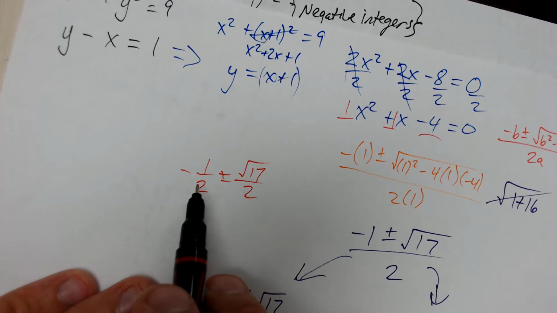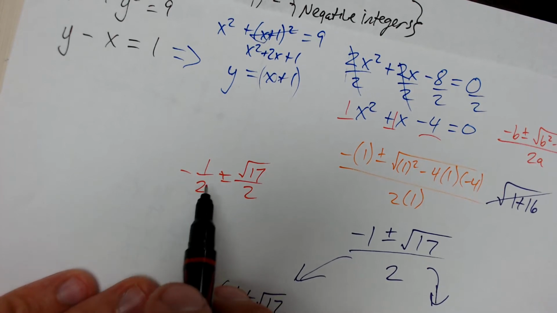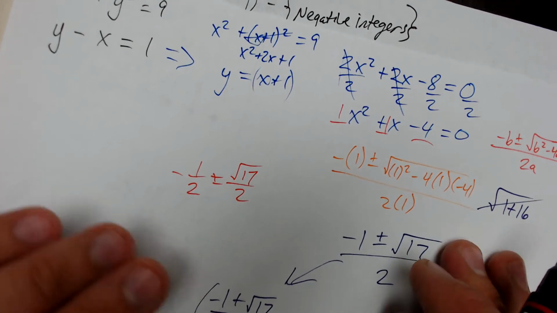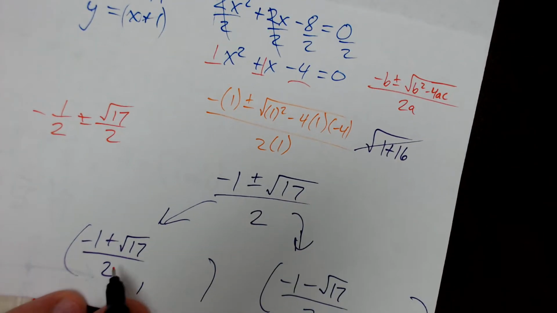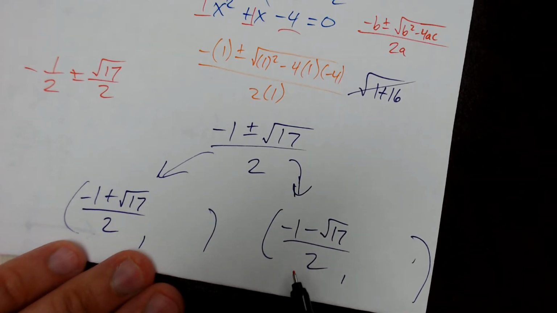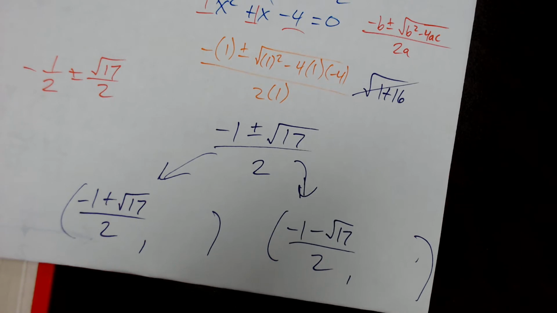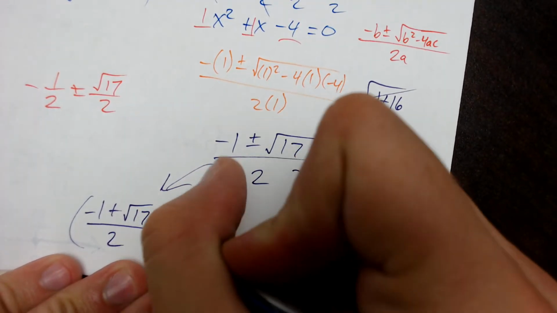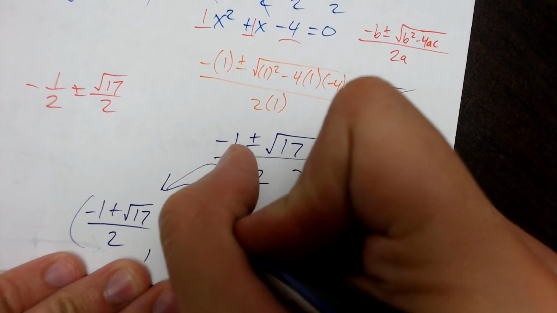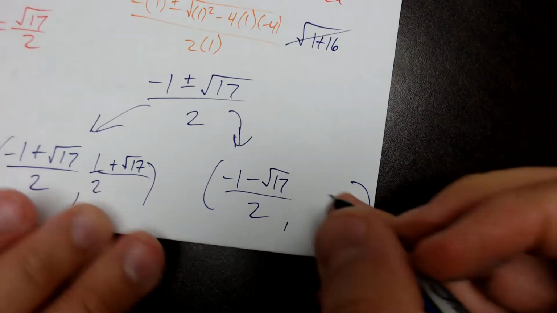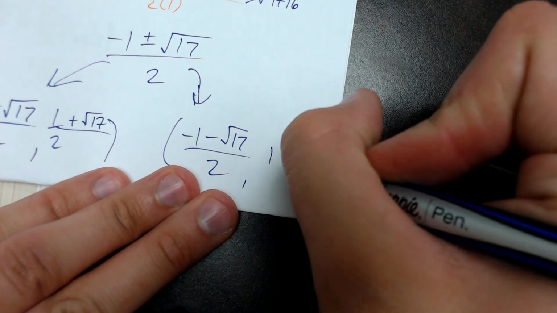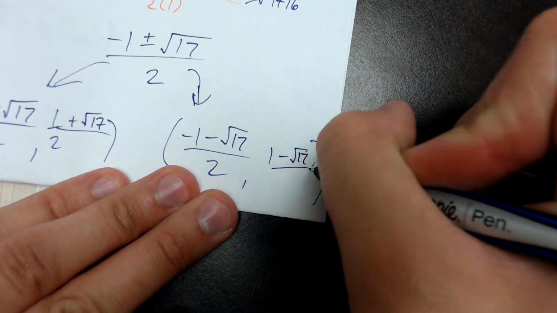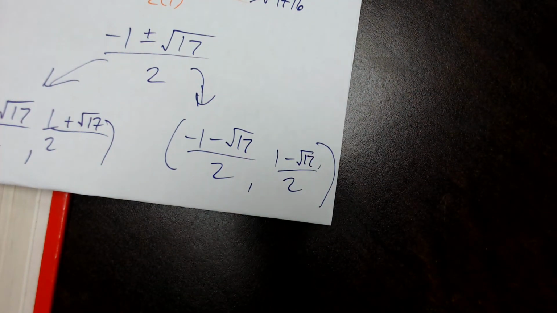So if y is equal to this plus 1, -1/2 plus 1 is just going to become +1/2. And then the plus or minus is going to change depending on what the radical is. So the y is going to be 1 plus root 17 over 2. And then here the y is going to be 1 minus root 17 over 2. And those are my x and y values.